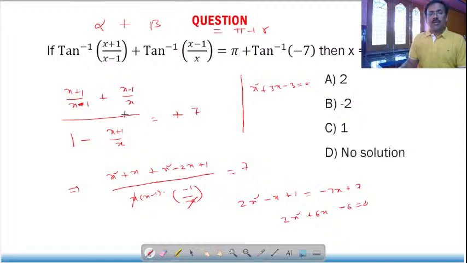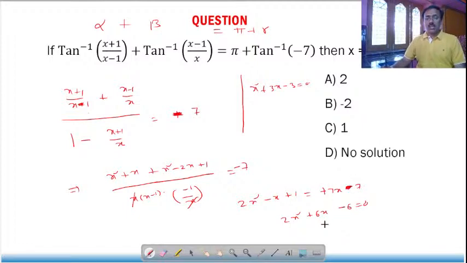Tan alpha plus tan beta by 1 minus tan alpha tan beta is equal to tan of 180 plus theta, which is plus tan theta, sorry, this is plus. This is minus 7, so here you will get minus 7, so this is going to be plus 7x minus 7.